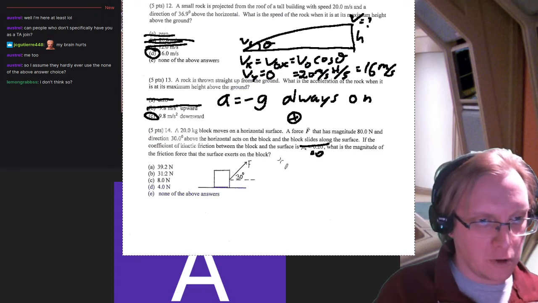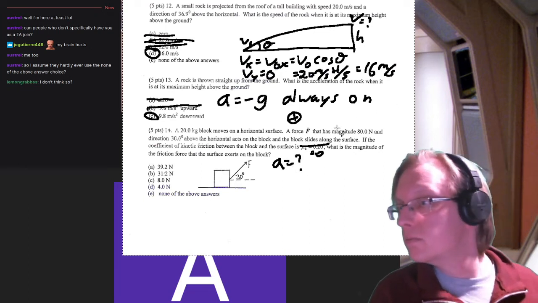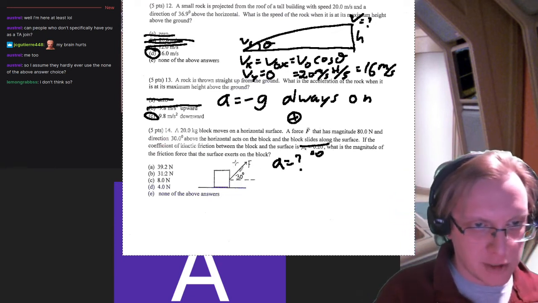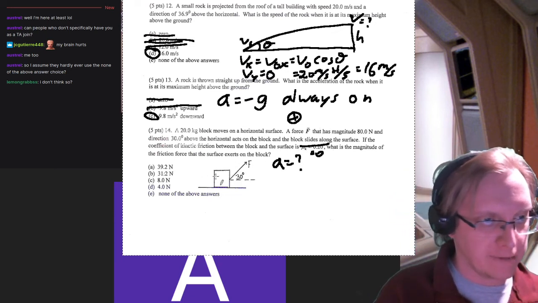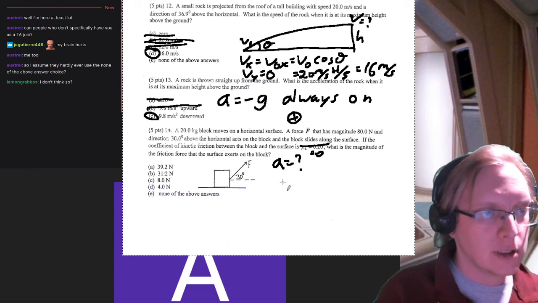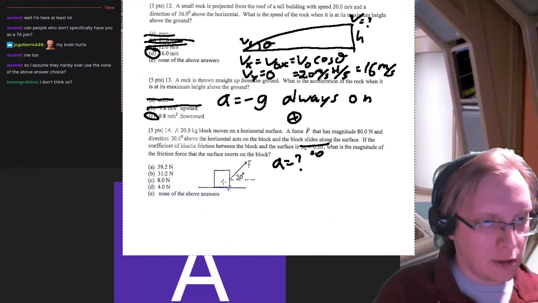I would like to know acceleration. Instead of asking what the magnitude of friction is, I'm going to ask what the acceleration is when there is no friction. Otherwise, we're going to keep the problem the same.